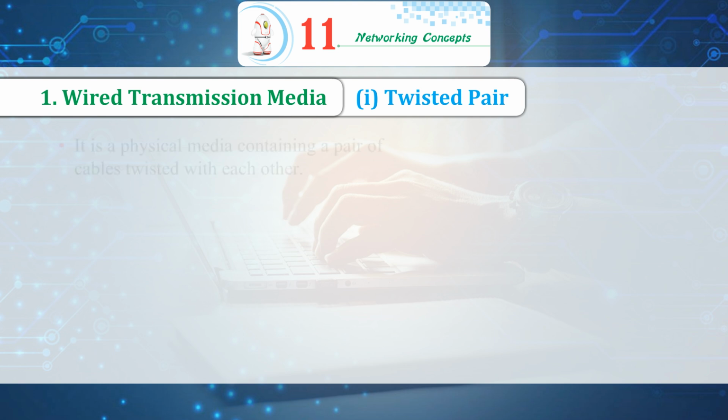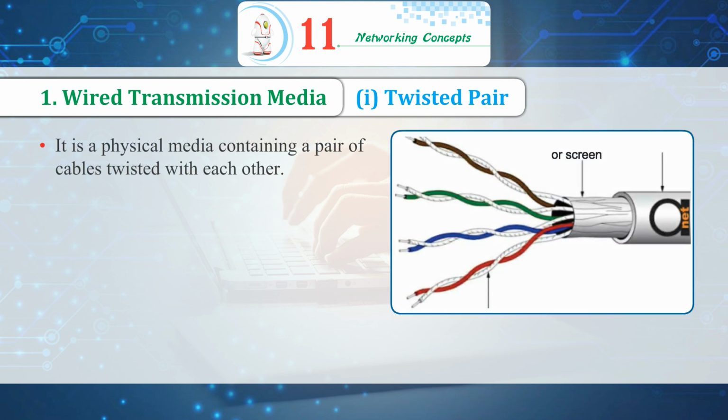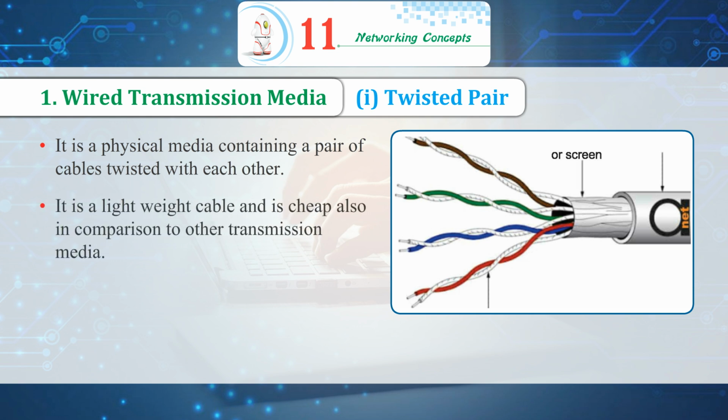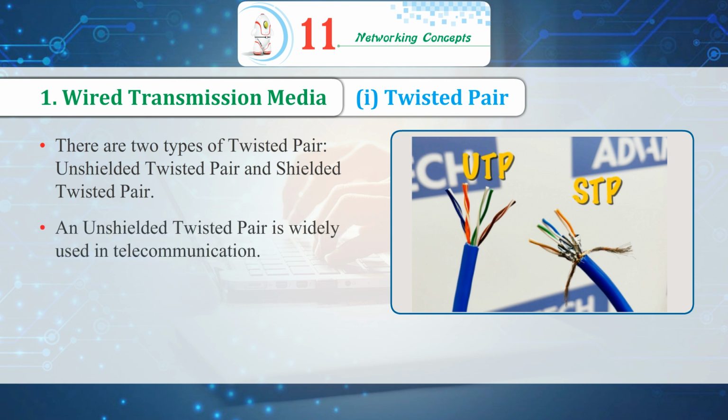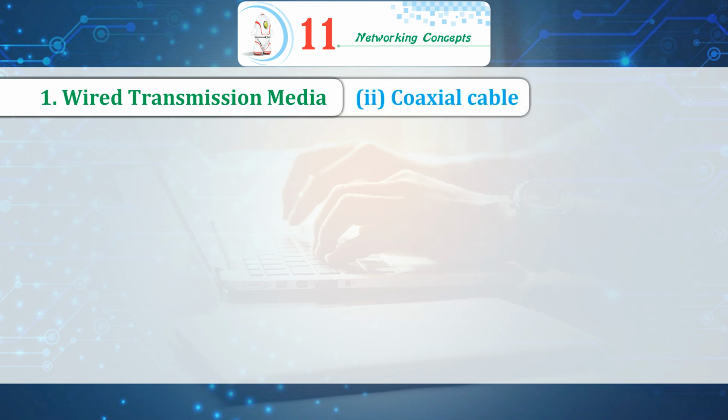1. Twisted pair. It is a physical media containing a pair of cables twisted with each other. It is a lightweight cable and is cheap in comparison to other transmission media. There are two types of twisted pair, unshielded twisted pair and shielded twisted pair. An unshielded twisted pair is widely used in telecommunication. 2.